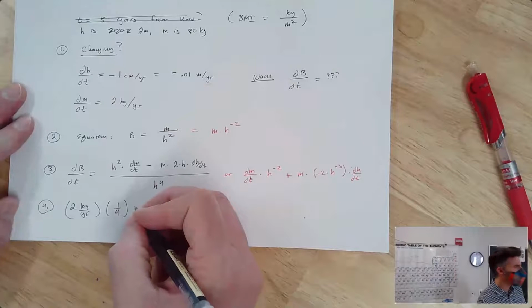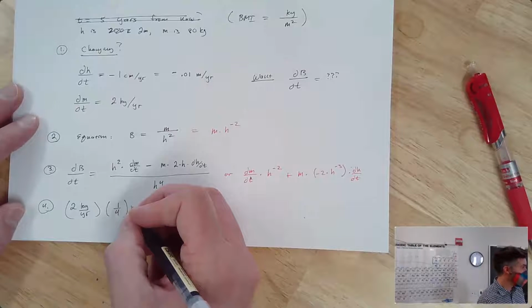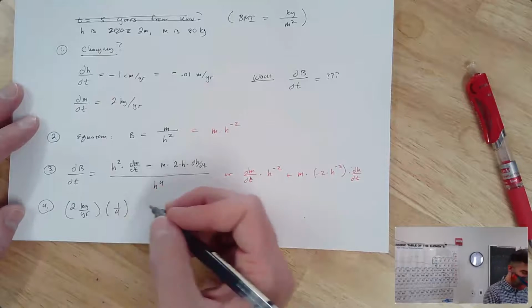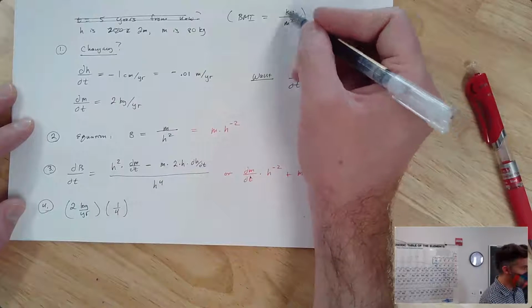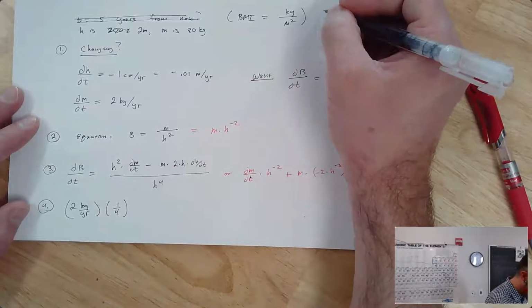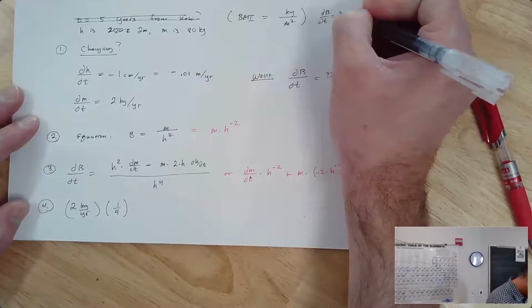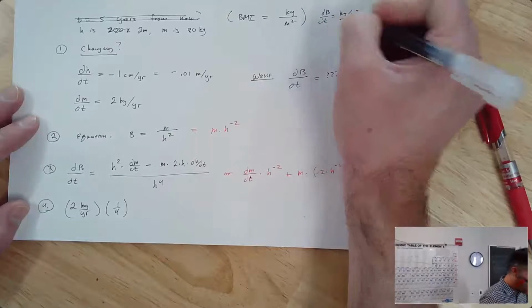What are the units there? Good question. I don't know. Because I don't really know the units for BMI, to be perfectly honest. I mean, I guess I do, right? It's literally kilograms per meter squared. So the units are going to be, when we find this thing, dB/dt should be in kilograms per meter squared per year.